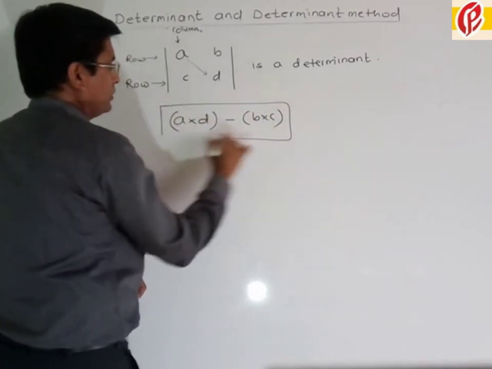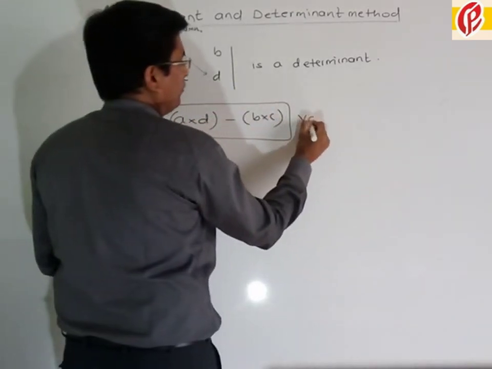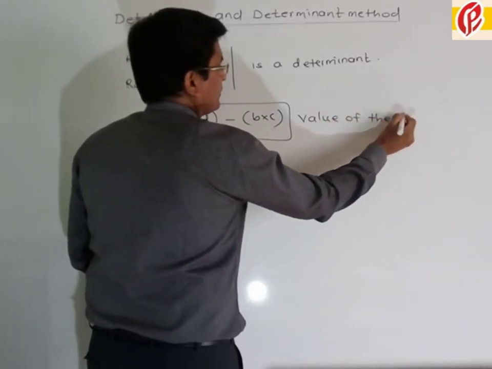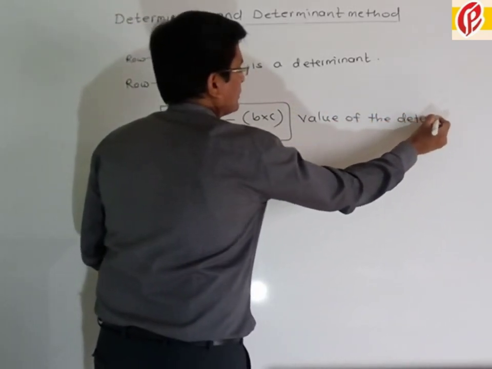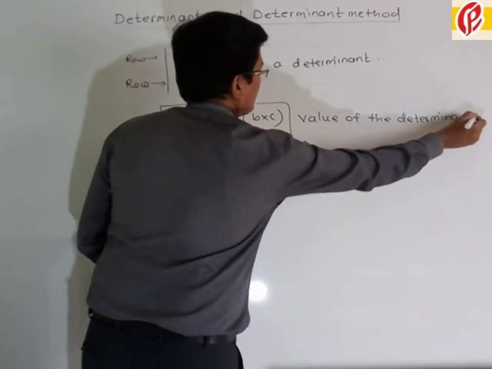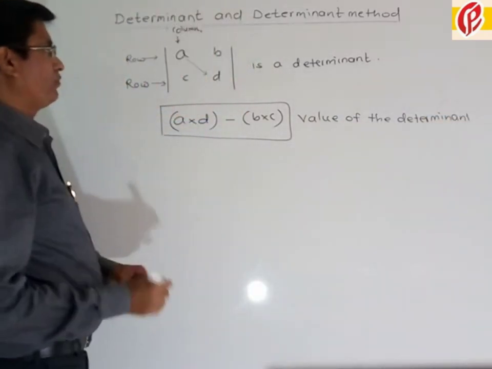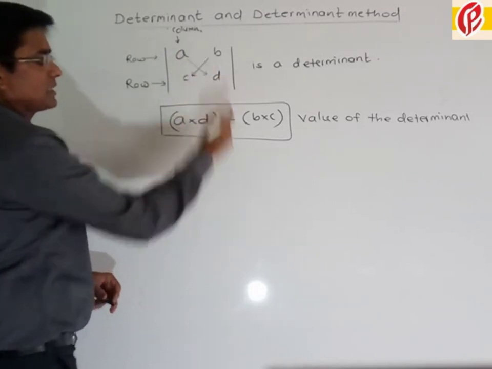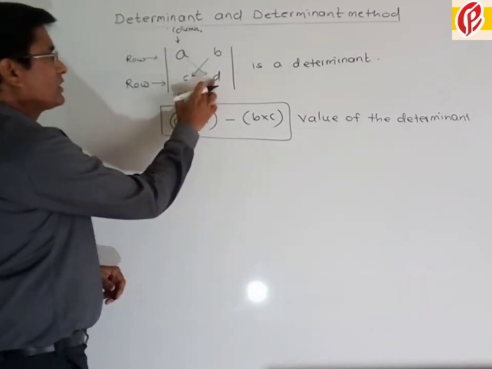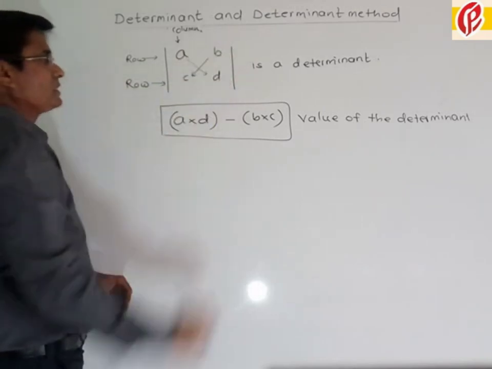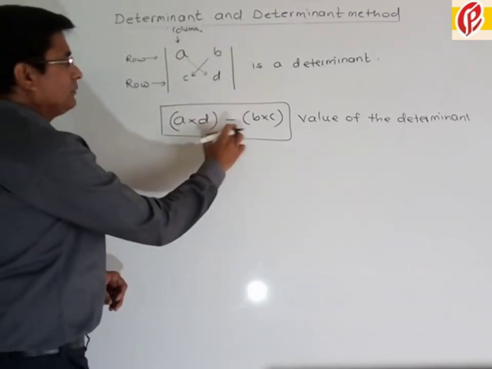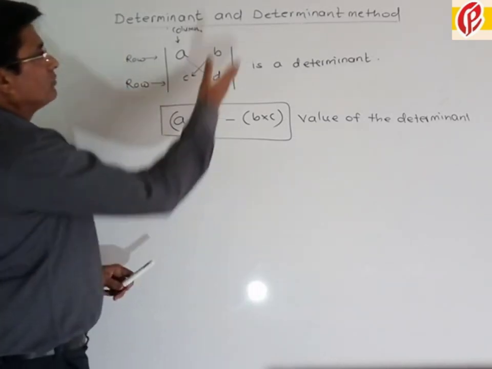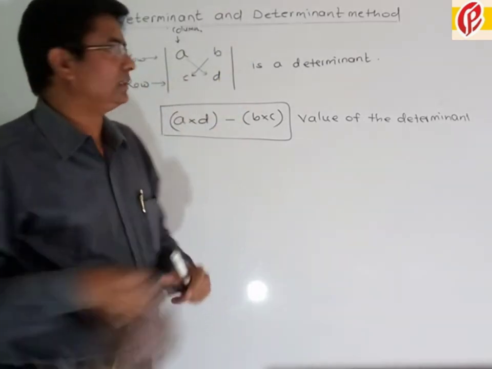So this is the formula to find the value of the determinant. Okay, now we'll see the determinant method.